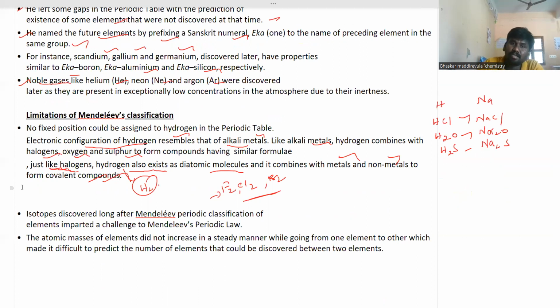But isotopes were discovered long after the classification of elements.